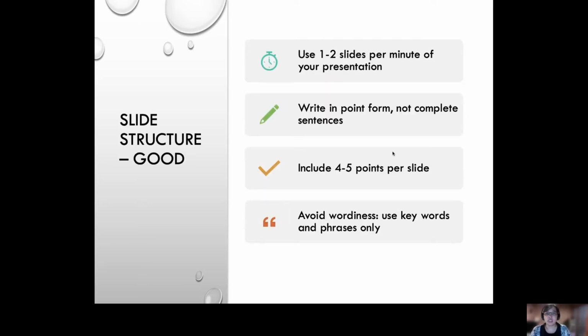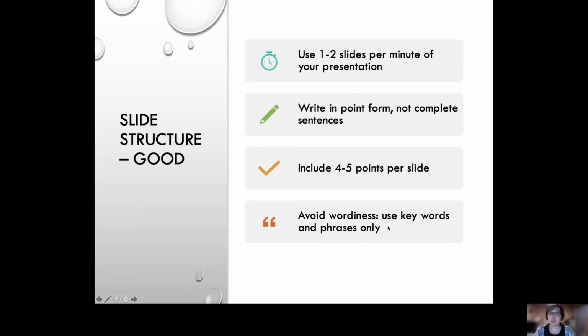Now, this slide structure is good, okay? It's very clear. There's only 1 to 2 slides, less than a minute, and it's point form. This is point 1, point 2, point 3, 4 to 5 points per slide. As you can see, this slide has 4 points, okay? And no wordiness. Wordiness means you have too many words, so try to avoid that.